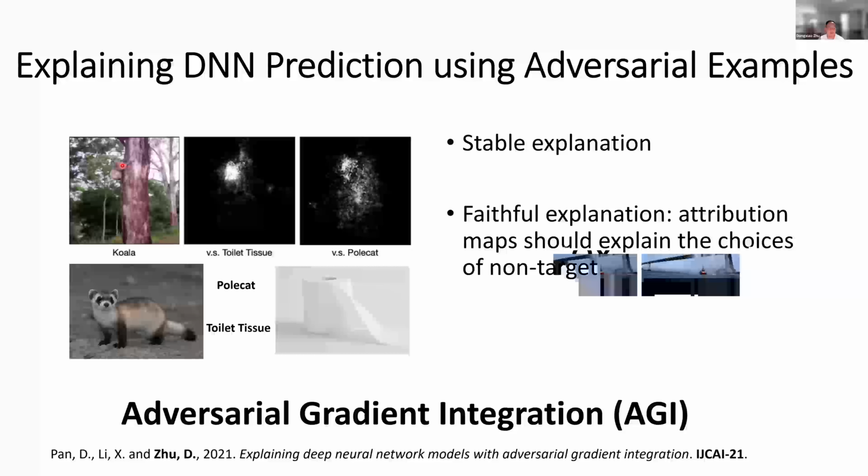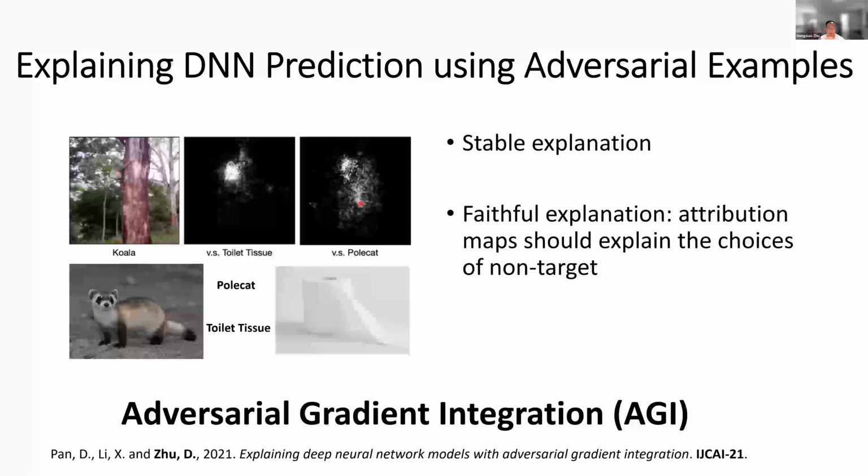So if we try to tell this is the koala, the real feature will be right here with the torso. But the spurious feature will be the tree trunk, because the tree trunk is always associated with the koala. Oftentimes you see the koala on the tree, but sometimes it doesn't.